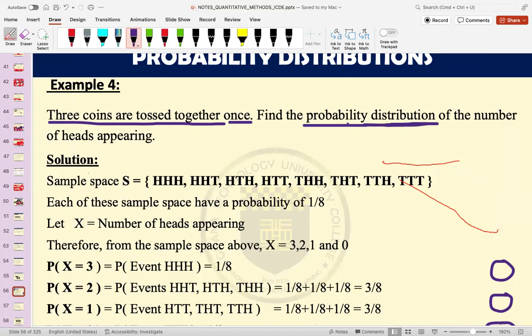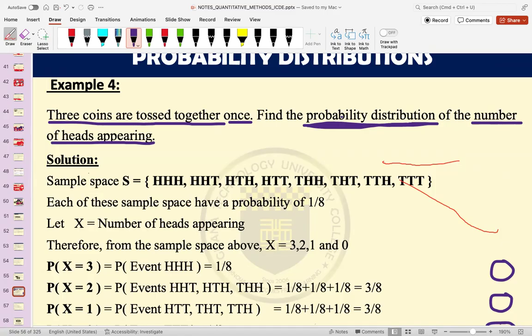Find the probability distribution of the number of heads appearing. I read the question again. 3 coins are tossed together once. Find the probability distribution of the number of heads appearing.